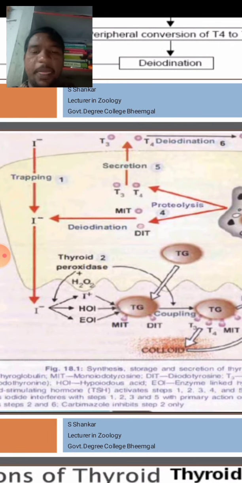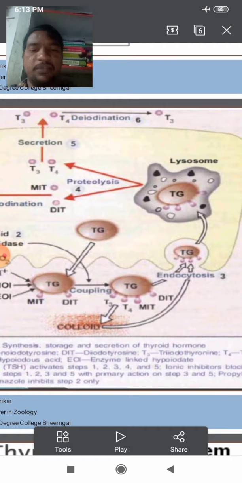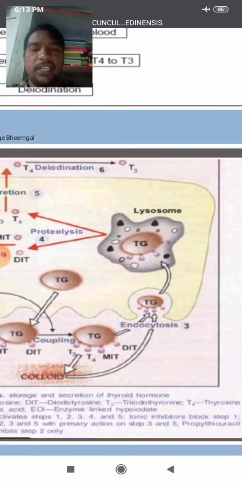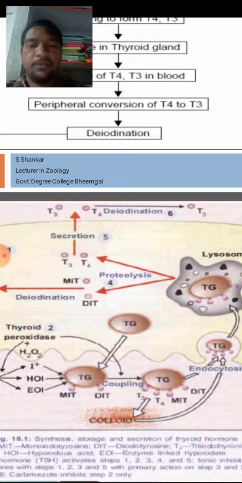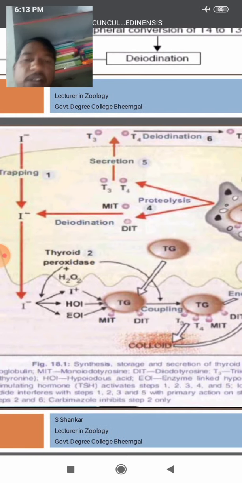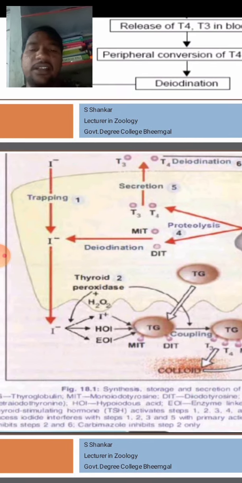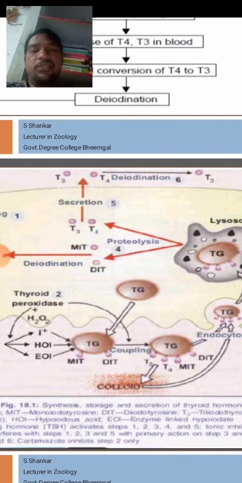Monoiodotyrosine and diiodotyrosine couple on thyroglobulin, and T3 and T4 are released with thyroglobulin by endocytosis. In the target cell, thyroglobulin attached to the lysosome is released at steps 4 and 5, with proteolysis and secretion and deiodination of DIT and MIT. Thyroxine and triiodothyronine, T4 and T3, are secreted.